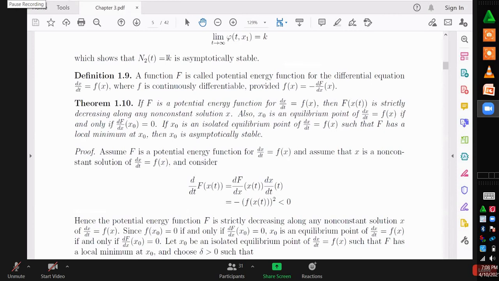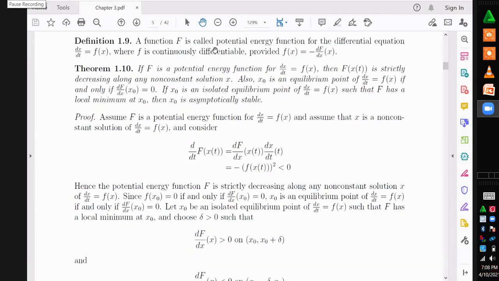Well, here is a definition. A function F is called a potential energy function for a differential equation dx by dt is f of x. This is some autonomous differential equation, and F is continuous and differentiable. Then F is called a potential energy function for this differential equation if f of x is minus dF by dx of x.